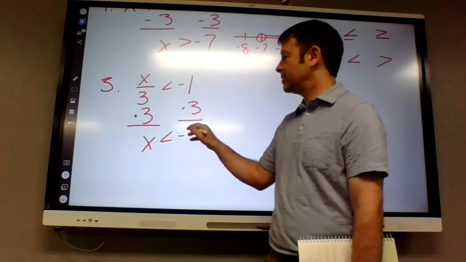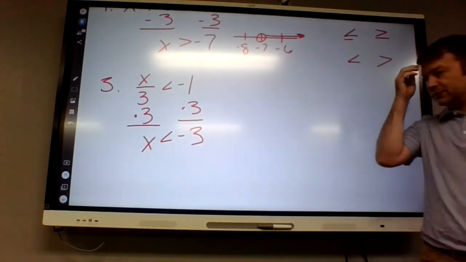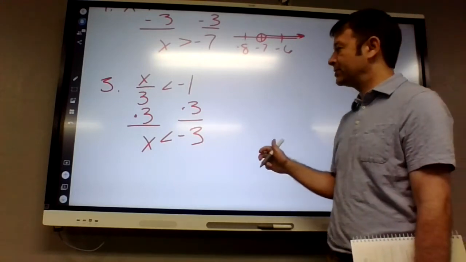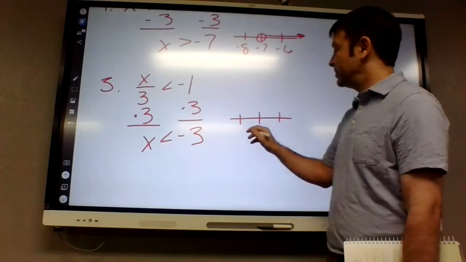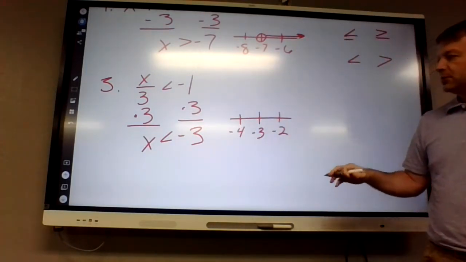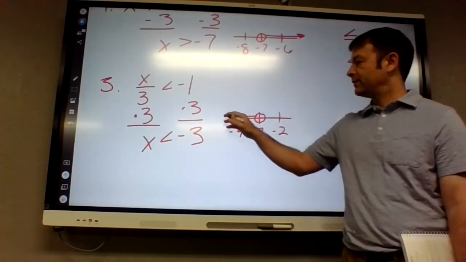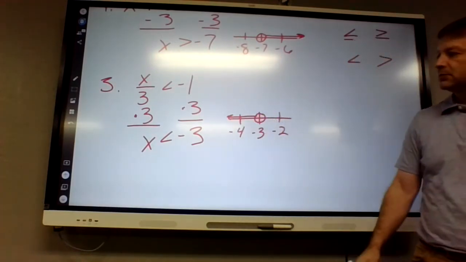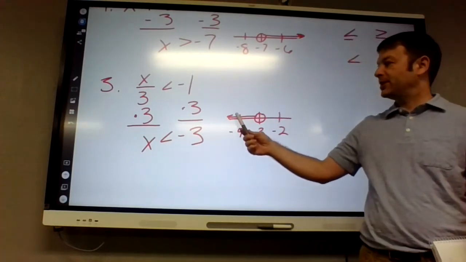No, it does not switch, because we're not multiplying by a negative. If that had been a -3, then yes. Okay, how do I graph x is less than -3? Open circle at -3 going left. The inequality symbol kind of matches the arrow symbol.